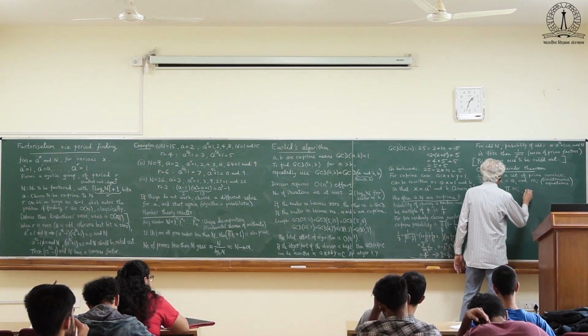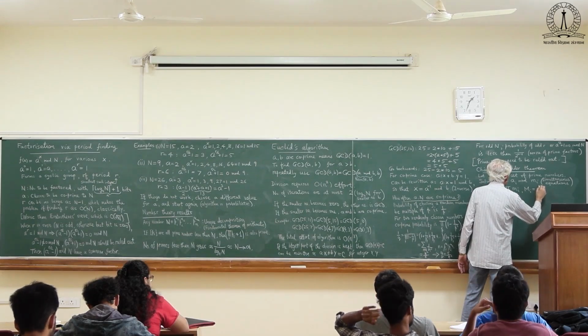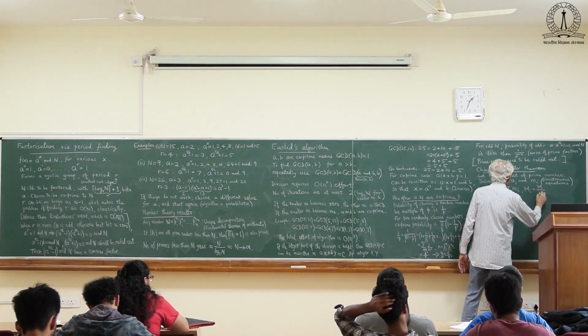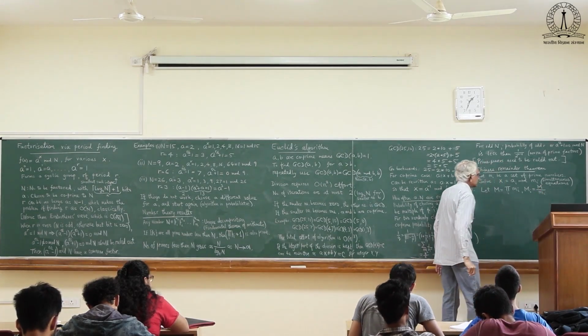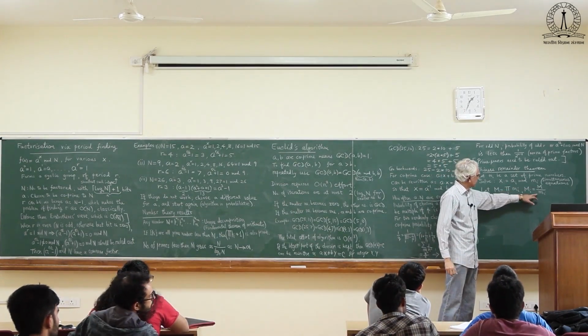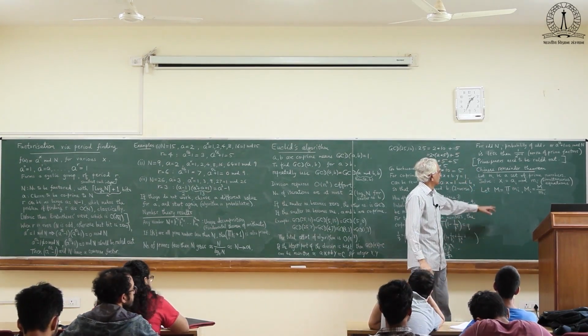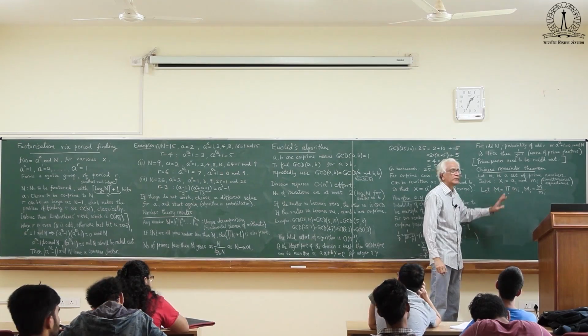And another number Mi, which is from the whole product, you leave out the one which is the equation you are looking at.